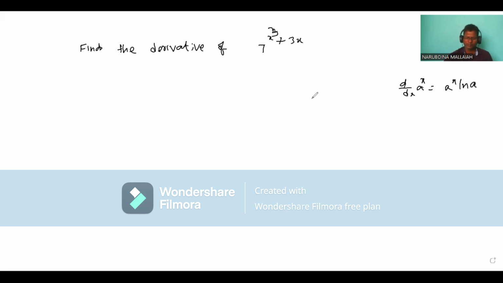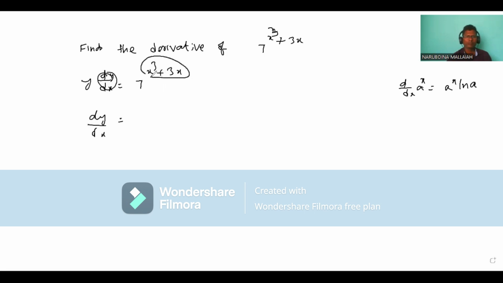Now I am using this formula, ln a or log a, you can write it. So dy by dx is equal to 7 to the power of x cube plus 3x. Now we are differentiating; this is y, the given function is y. Now we are differentiating.